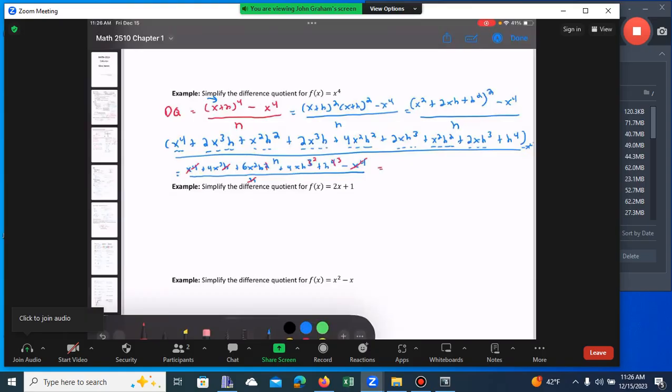So you end up with 4x cubed plus 6x squared h plus 4x h squared plus h cubed. And that's your difference quotient.